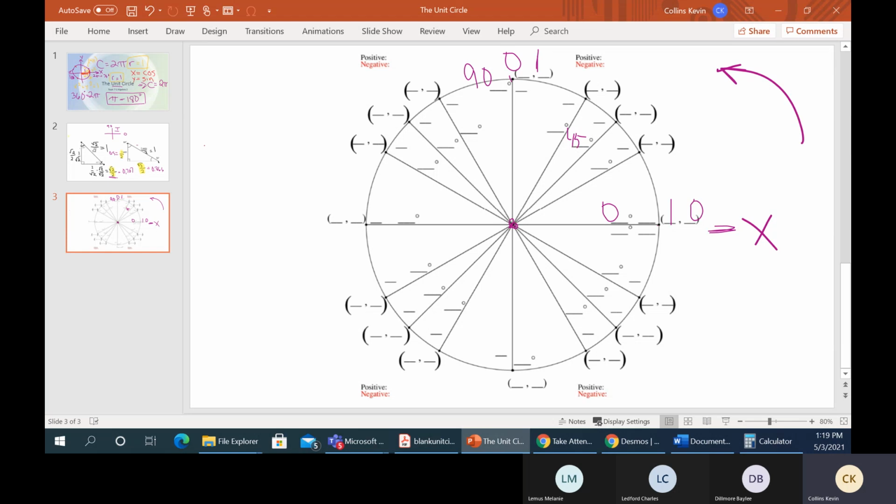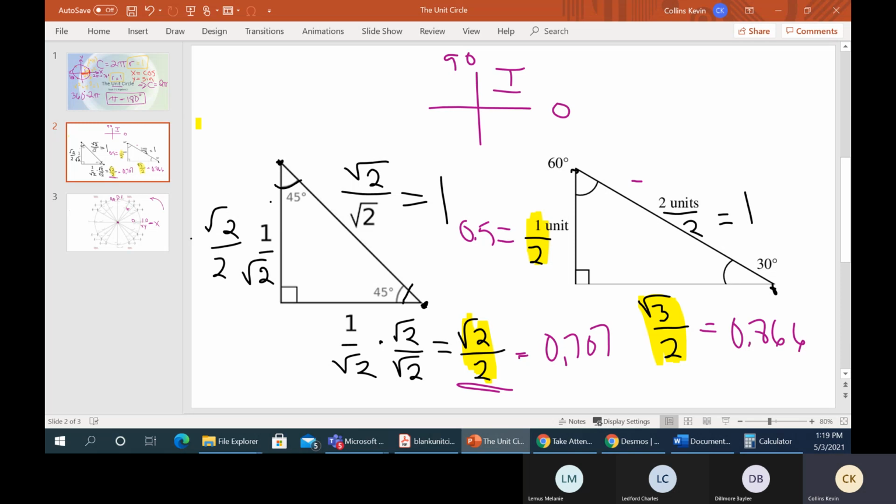Okay, so notice that we have some points on our circle. We've already talked about some of these points, right? So the first point is your x coordinate, right? Second point is your y coordinate. Makes sense. That's what an ordered pair always looks like, right? So we're at 45 degrees. What's our x and y coordinates? Let's go back to this guy. We're at 45 degrees.